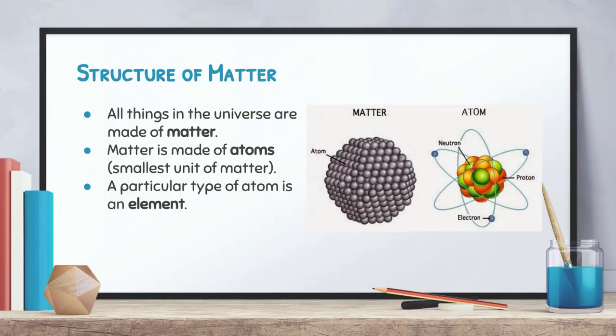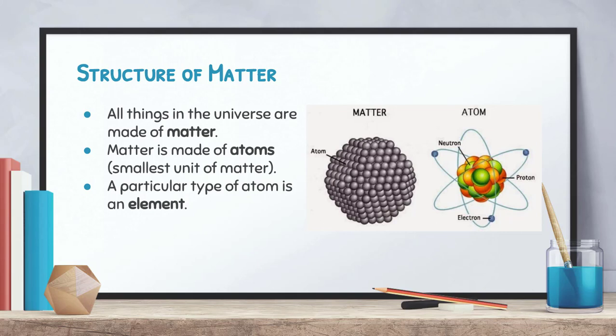So all things in the universe are made up of matter. The desk is made of matter, the laptop is made of matter, even air is made of matter. Air is composed of nitrogen, oxygen, carbon dioxide, some argon. So yes, even air is made of matter. And matter is made up of atoms. Atoms are considered the smallest unit of matter.